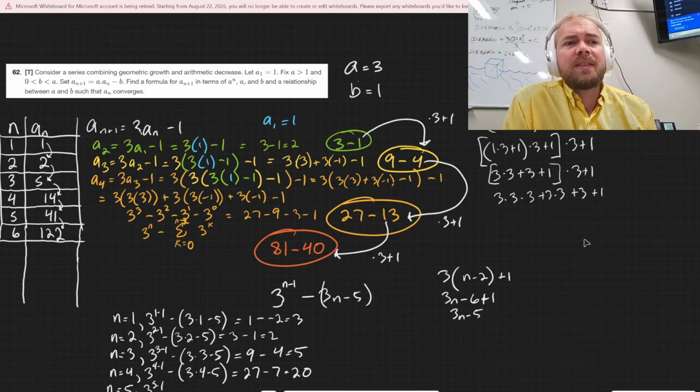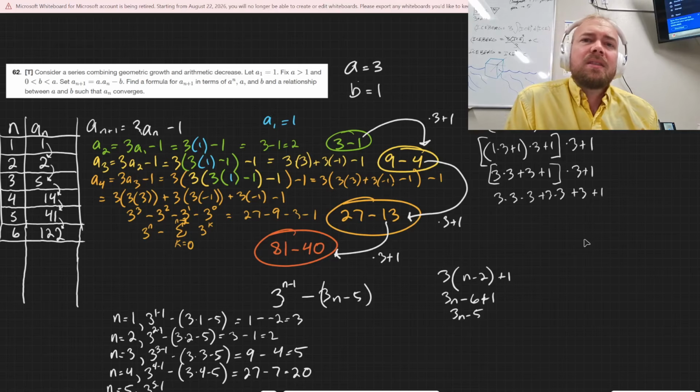Okay, so we're setting a sub n plus 1 equal to a times a sub n minus b. So that is the recursive formula. They're giving us the recursive formula, basically the way to get the next term from the previous term. And that's how we know that we have the geometric and the arithmetic.